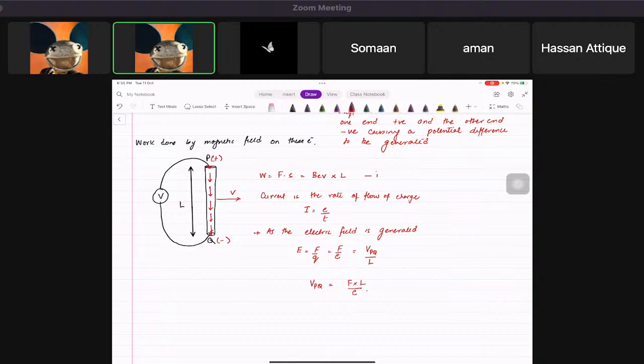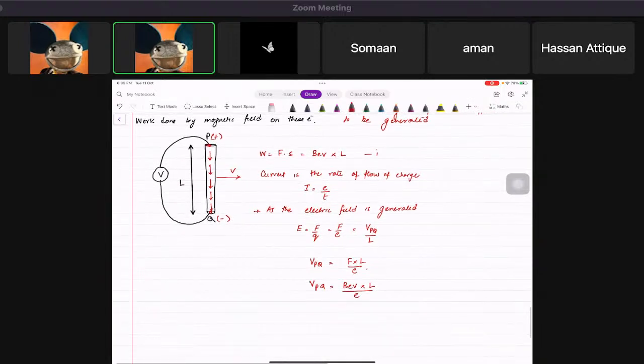And because from the very first part we know that F is Bev, I just replaced F here. Now you might realize that e and e will cancel out, so V_PQ will be equal to BvL, and that's basically what you need to understand, that this is the formula that will tell you about a moving conductor.